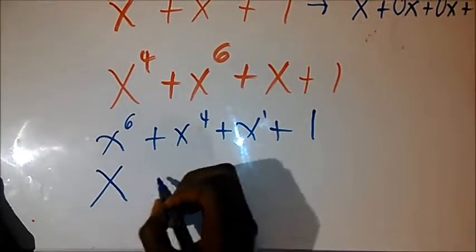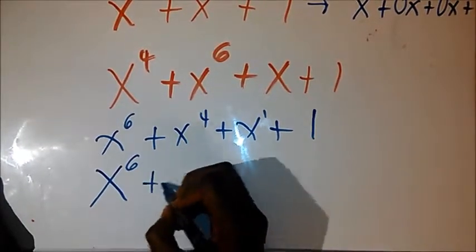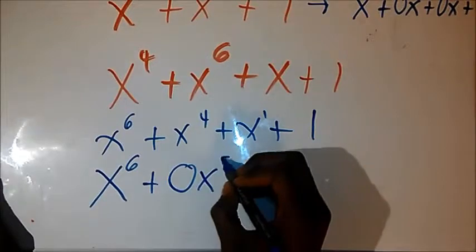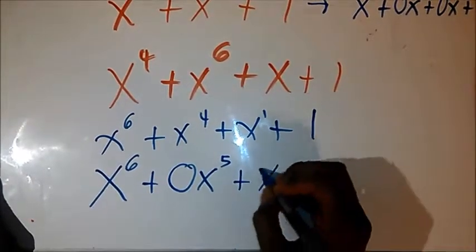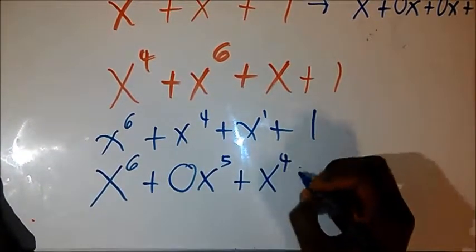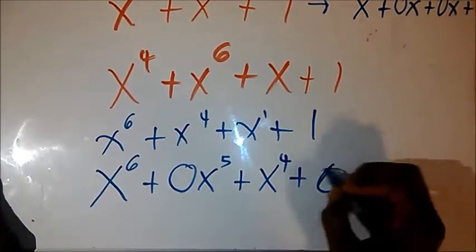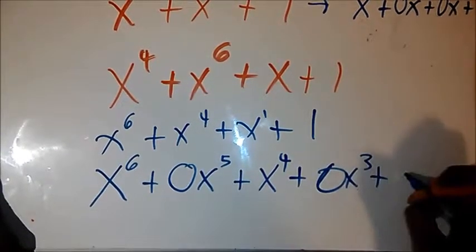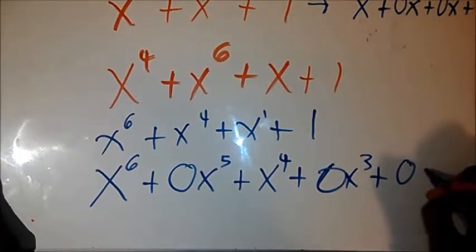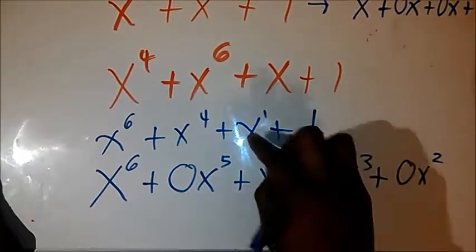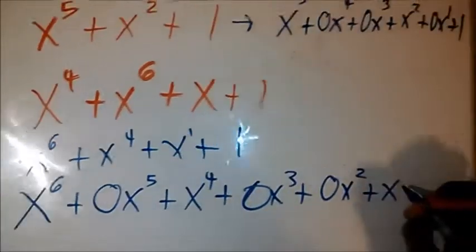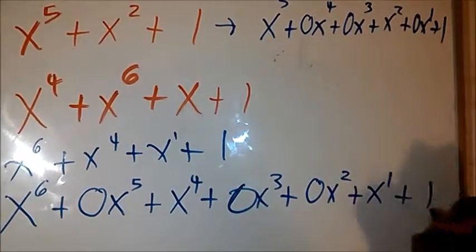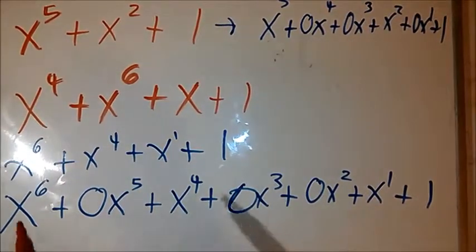So this has to become x to the 6th power plus 0x to the 5th power plus x to the 4th power plus 0x cubed plus 0x squared plus x to the 1st power plus 1.